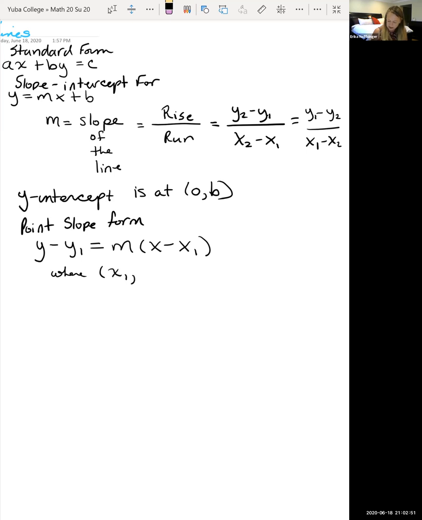And in this form, x sub 1 and y sub 1 is a point on the line, and m is equal to the slope.